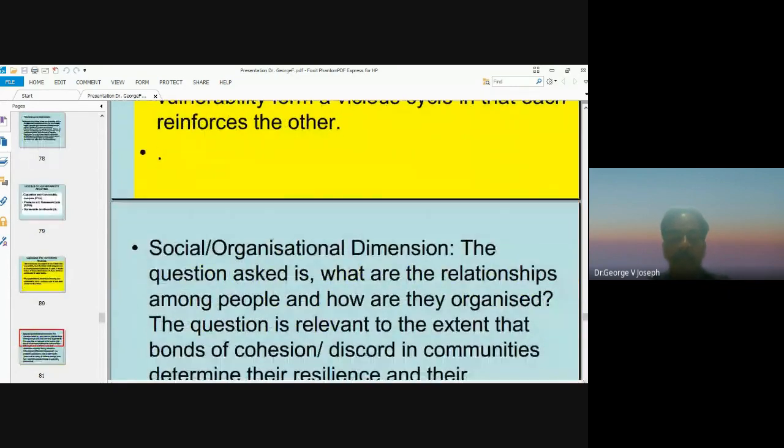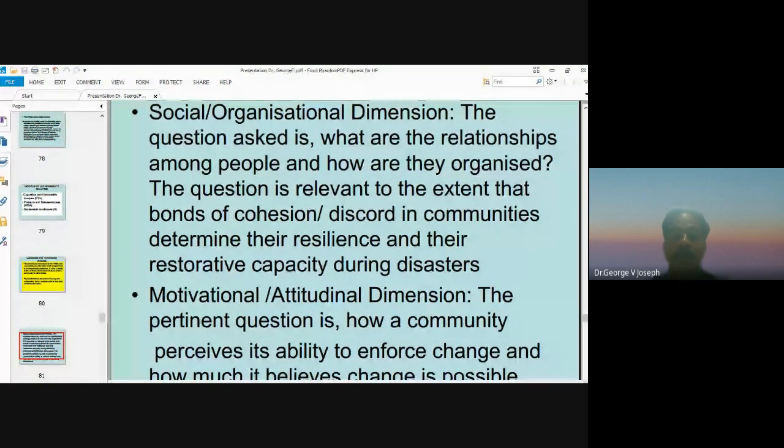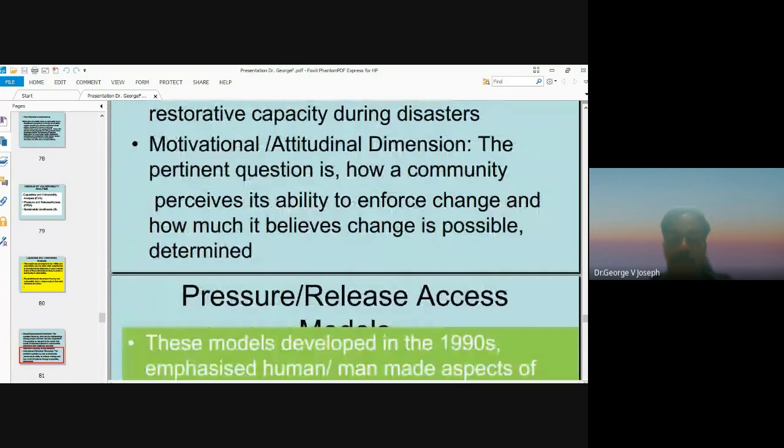That is one aspect. Then the social dimension of vulnerability, the relationships, the social cohesion which I spoke about. And they also use motivational aspects, how motivated people are, how involved they are, how organizationally strong they are. Those three aspects are used under this.